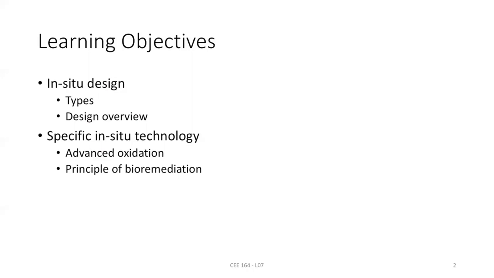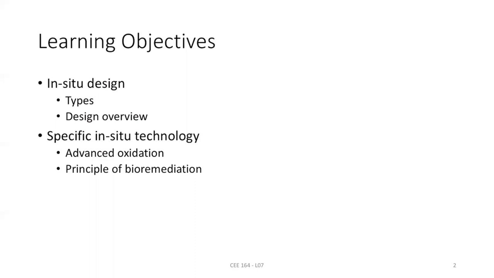There are two specific technologies you are going to learn: advanced oxidations, and the other, bioremediation. Bioremediation, we are not going to learn a lot today. We are just going to go through an overview of it, but next class we are going to design bioremediations. Today, mostly you are going to design advanced oxidations, which you already know how to solve, because the homework two question is advanced oxidation to some extent.